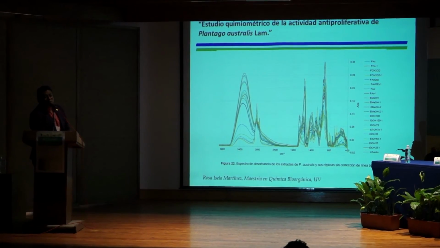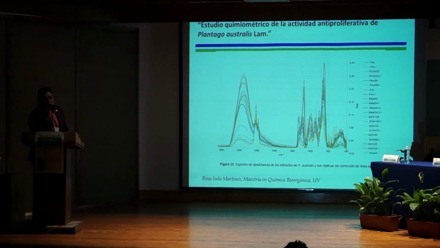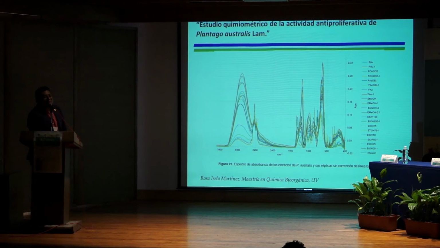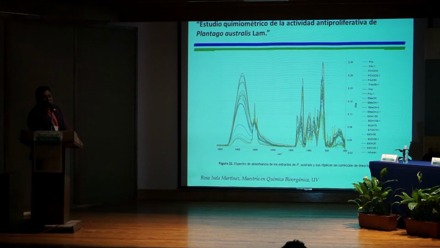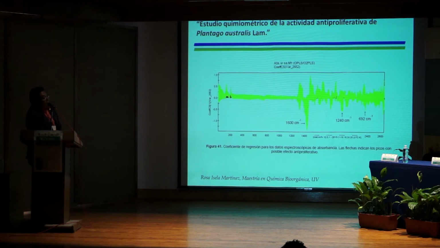In this case, it was for cell proliferation, to study the inhibition of cell proliferation, especially with tumoral cells, and we were able to relate the activity to specific parts of the molecule, or mainly functional groups in the molecule.